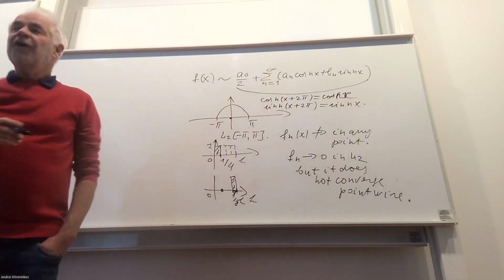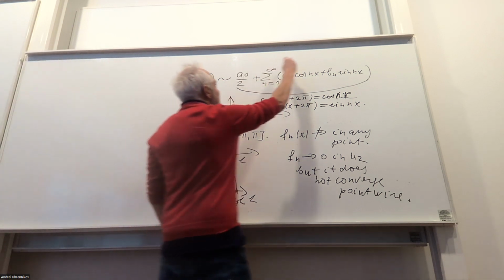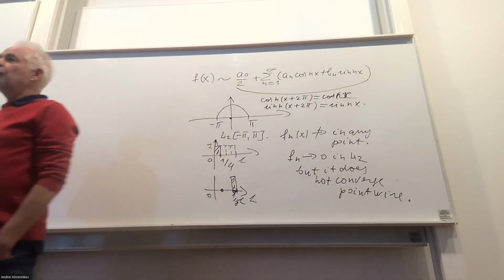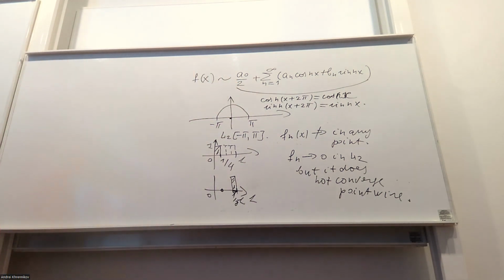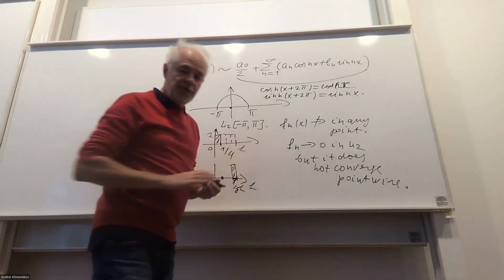So trigonometric functions are periodic with period 2 pi. So if we expect that this series converges to this function, it also should be periodic. So we have to consider periodic functions.